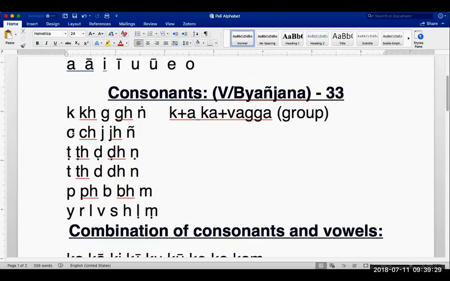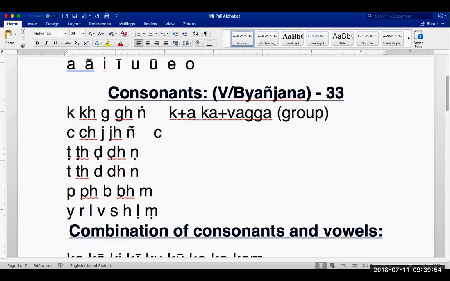So we will try to find some practice. You need to practice. One more time: cha, ch, ja, j, nya. All these letters emphasize the area we call the palate.